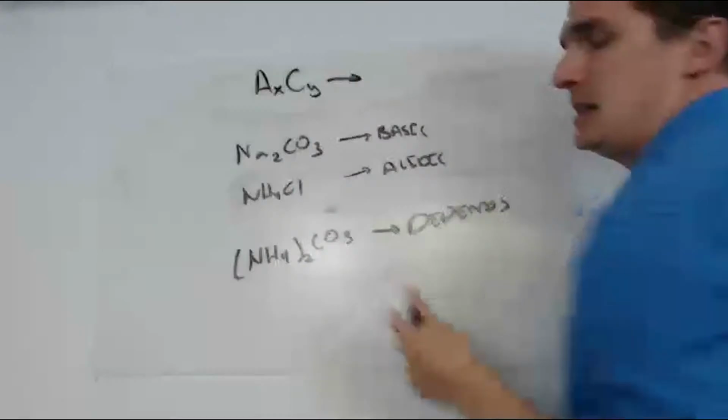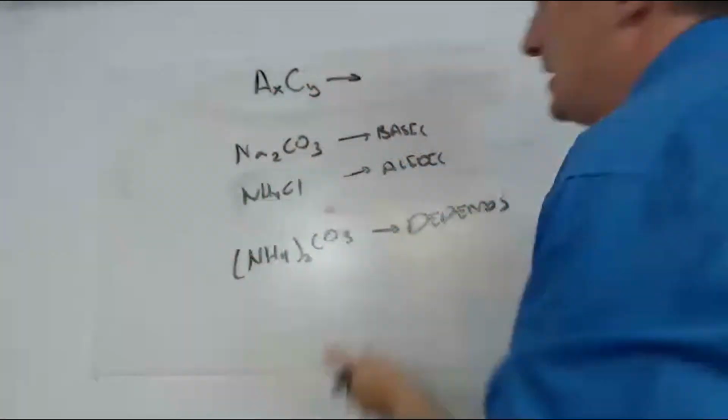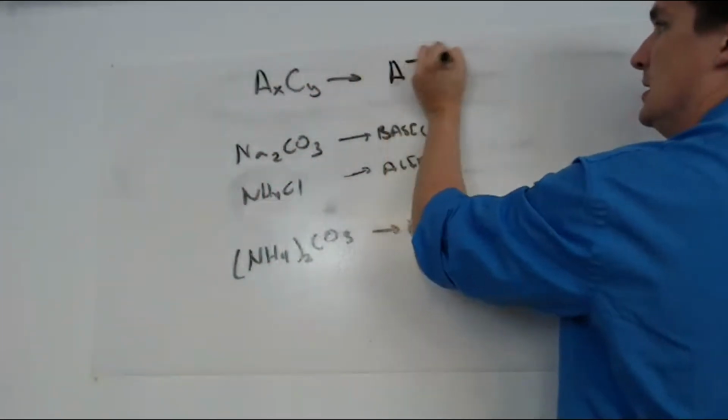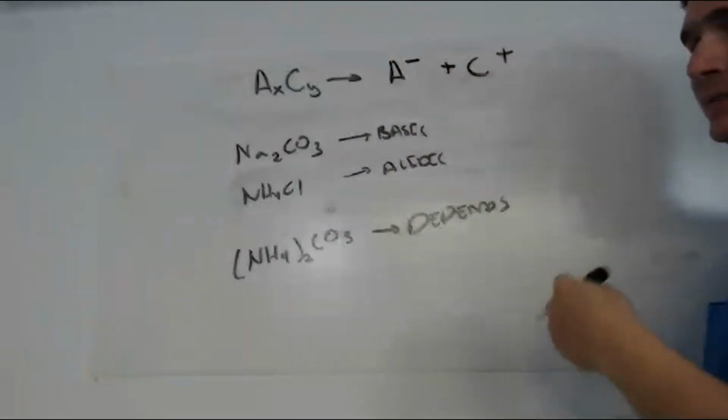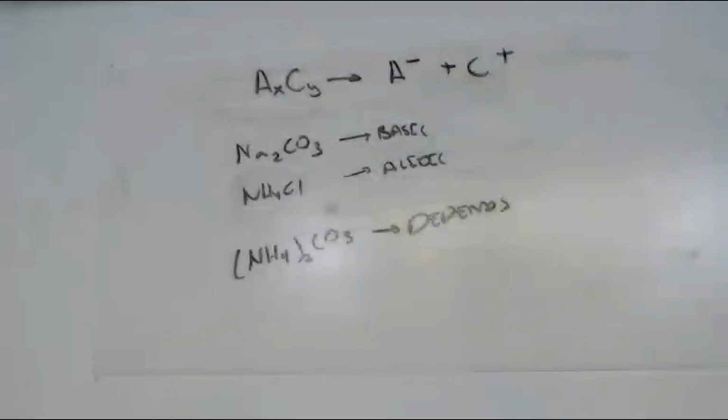And I know C is an element, but we need an anion and we need a cation. So our anion is going to have some negative charge, and our cation is going to have some positive charge associated with it.